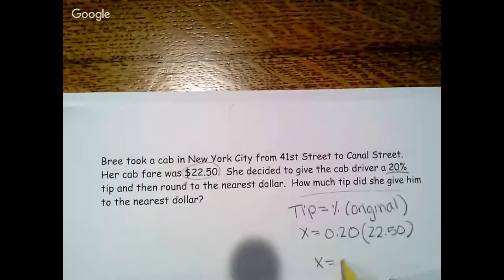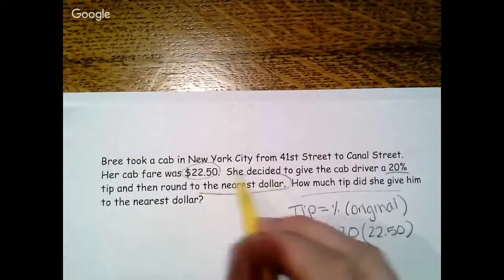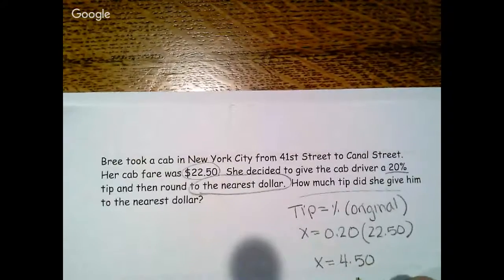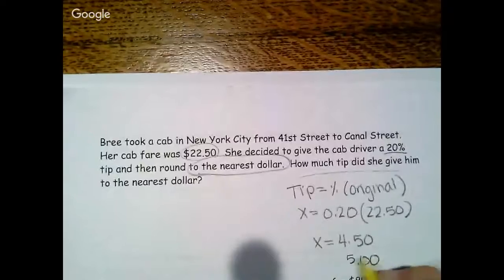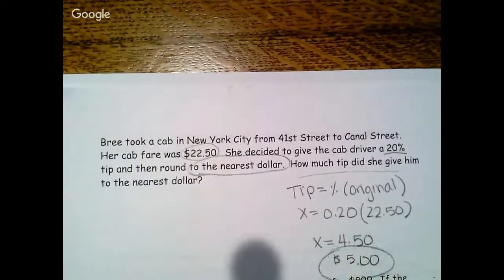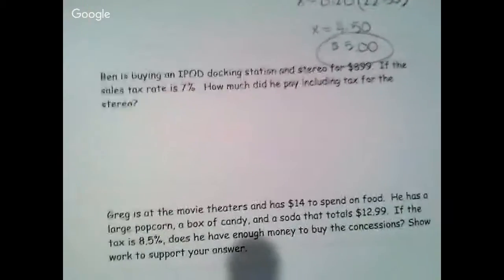Multiply those two together, I get that X equals $4.50, but it said to round to the nearest dollar, so $4.50 actually rounds up to $5. Okay. All right, let's look at the next one and see how we did there.